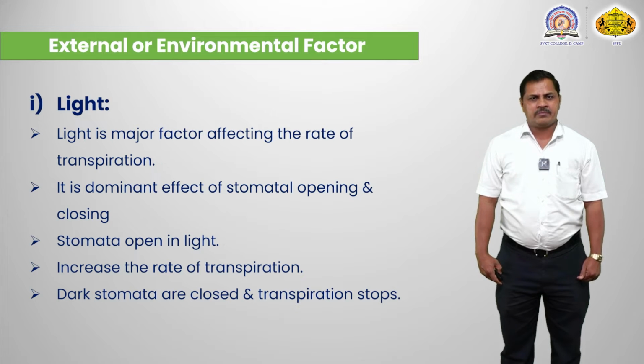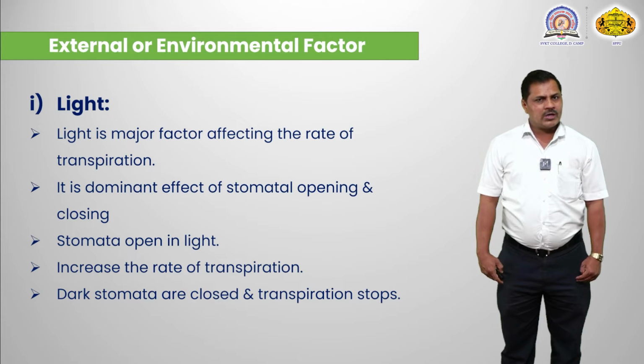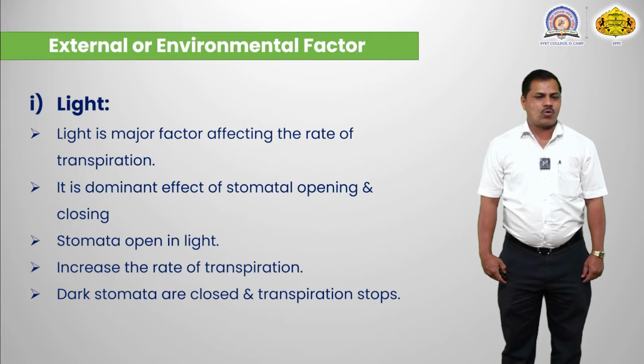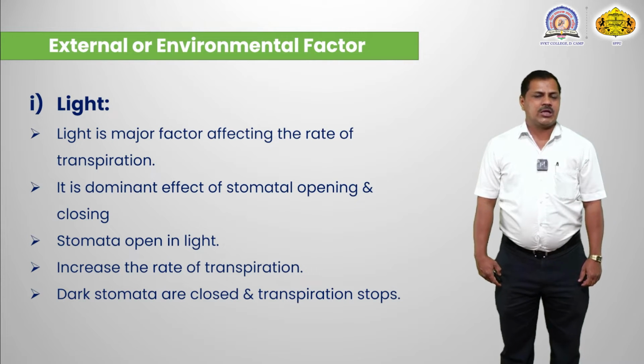At the same time, as light is absorbed, certain reactions take place inside the leaves, and hence stomata are open in the daytime and closed at night time. Stomata open in light. Light is very essential. Without light, the stomata do not open. The rate of transpiration increases depending on the intensity of the light. In the dark, stomata are closed and transpiration is stunted or stopped.